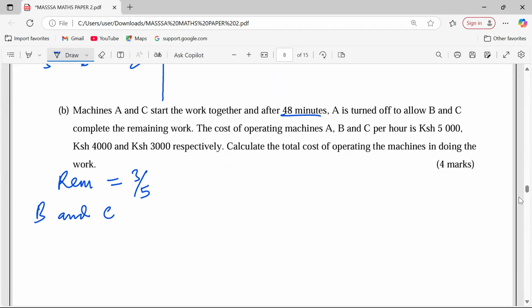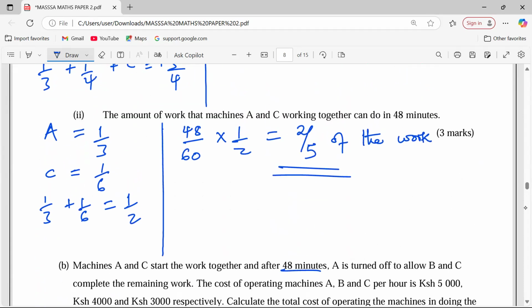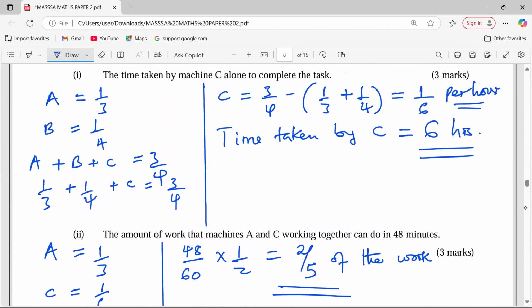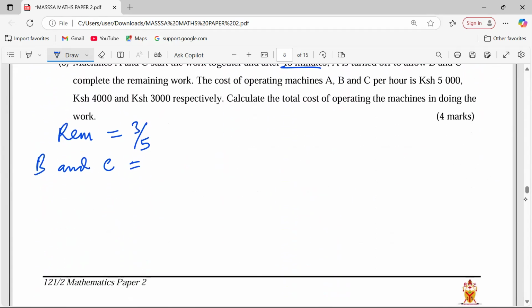B and C per hour. You know, B alone works 1/4 and C a sixth. So what fraction do they work together in an hour? That would be 5 out of 12.